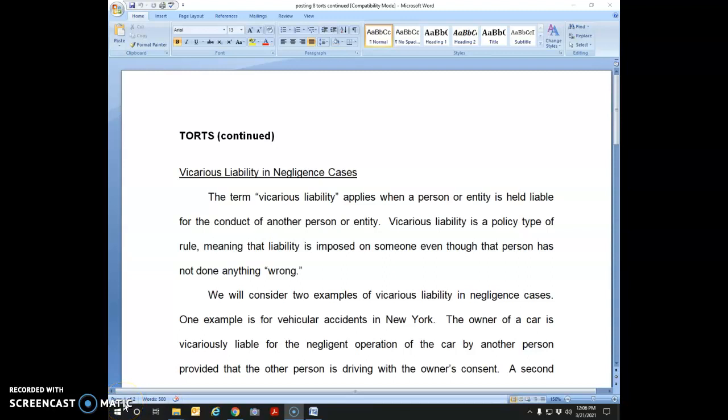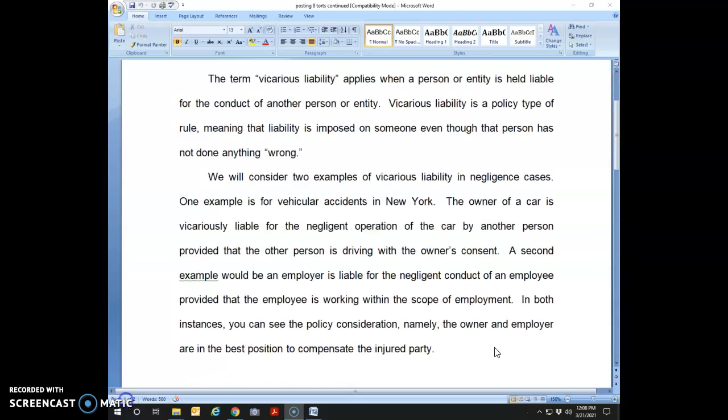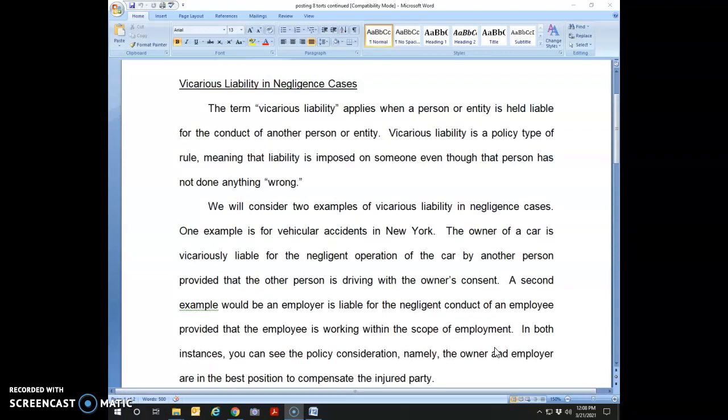We're now going to talk about another concept, separate and distinct from defenses, and it's called vicarious liability in negligence cases. Vicarious liability is where a person who is not directly involved in the injury-causing event, like the car accident, is nevertheless going to be held liable for it.